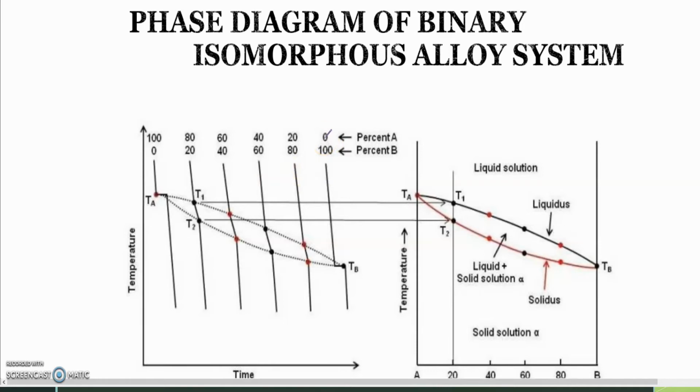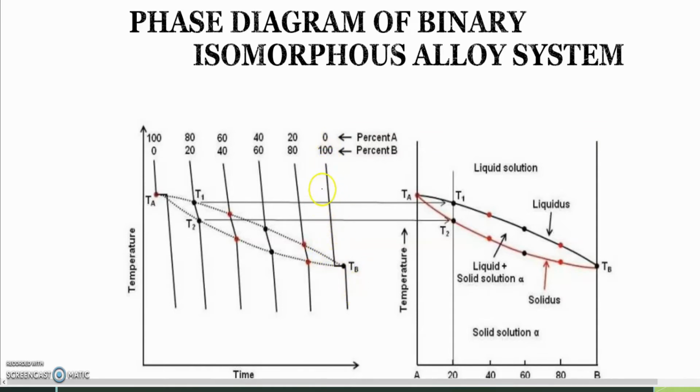Then the points of change of slope of curve, thermal arrest, are noted. As you see here, this is percent A and B. Maksudnya A dan B ni adalah komponen yang berbeza. Here is percent A 0% and komponen B 100%, so kita akan dapat graf macam ni lah.